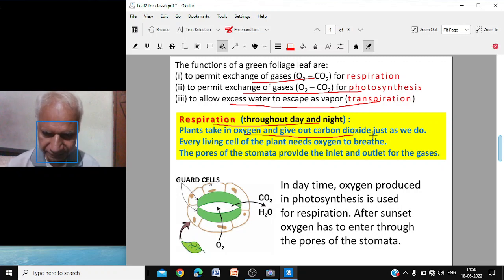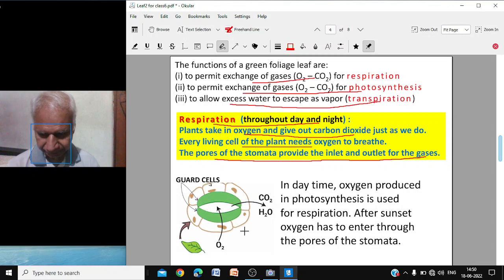They take in oxygen, we also take in oxygen, they give out carbon dioxide, and we also do the same thing. Every living cell of the plant needs oxygen every moment throughout life. The pores of the stomata provide the inlet and outlet for the gases.